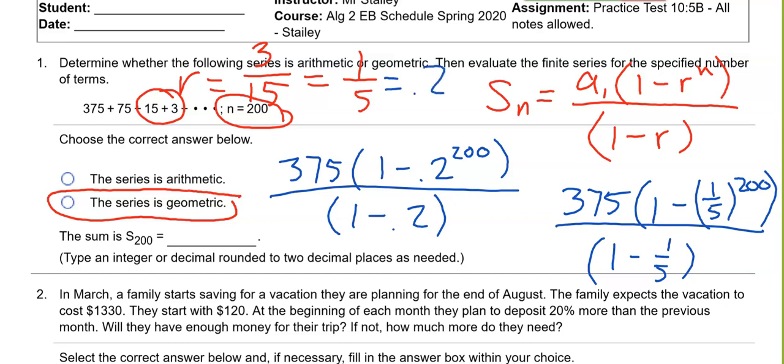So if you like decimals, nothing wrong with that. Just use the decimal version. And 375, let's see, 1 minus 0.2 to the 200th. And I think this is the one where 0.2 to the 200th is a really small number. So I got 468.75.